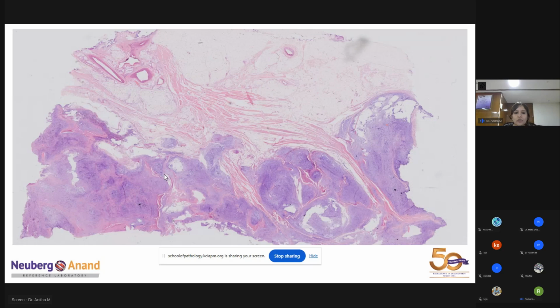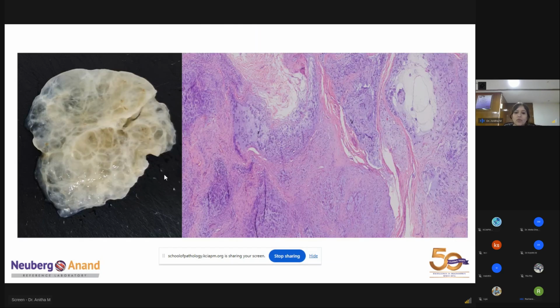Light microscopy showed a soft tissue lesion composed of multiple bluish nodules separated by fibrocollagenous septa of variable thickness, giving it a multilobulated appearance. The lobules were composed of tumor cells distributed in an abundant chondromyxoid matrix.